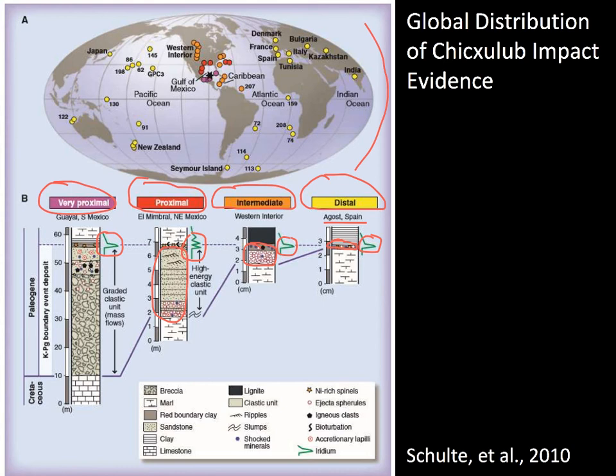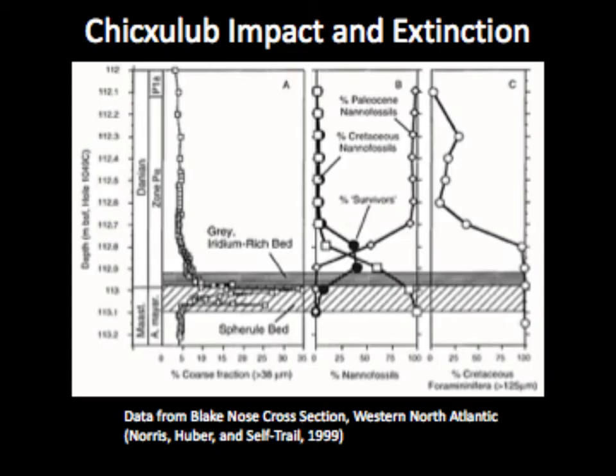And then right on top of Chicxulub, the depth of that is really great. So this is showing you that, yes, the impact site is Chicxulub, and the evidence for the asteroid impact is present around the globe, indicating that the impact of this asteroid was an event of global significance with tie-ins to mass extinction.